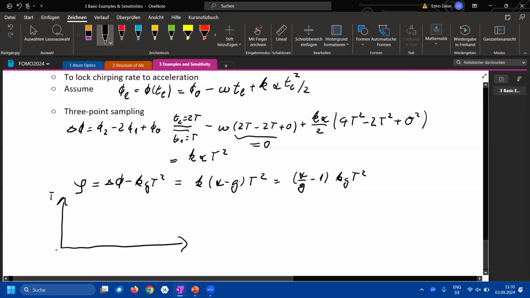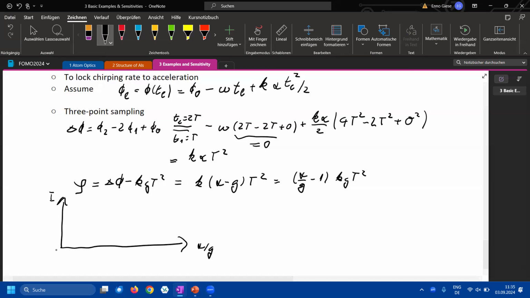So we have here the interference pattern, and we now use different chirping rates. We perform one experiment with one chirping rate, then go to another chirping rate, then another. If both agree, of course, we have this one half plus one half cosine, and the cosine is equal to 1, so we are always here. And if we deviate, we find just an oscillation. So we find something like that.